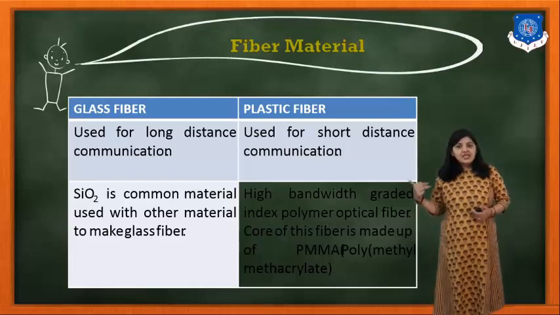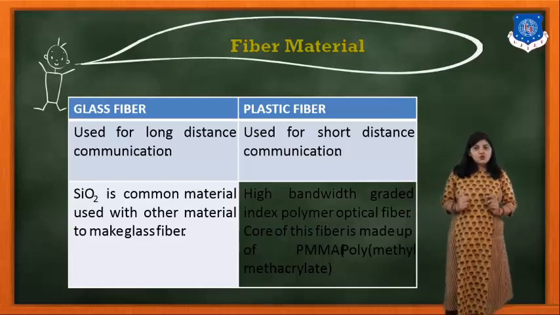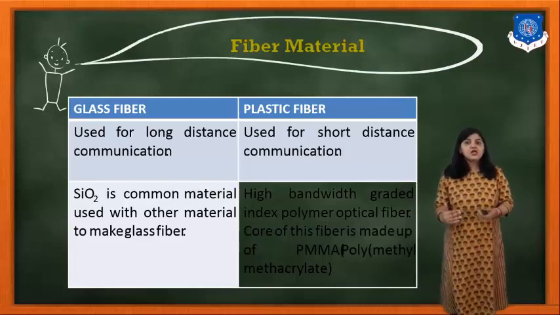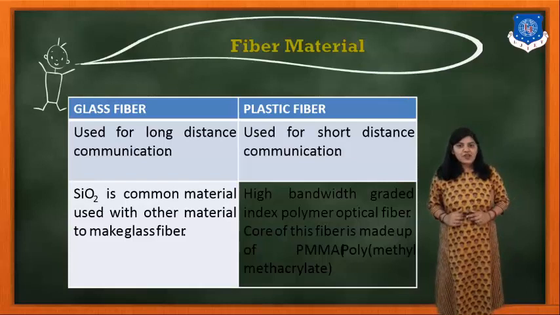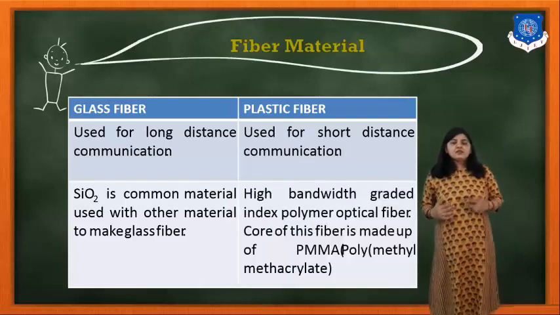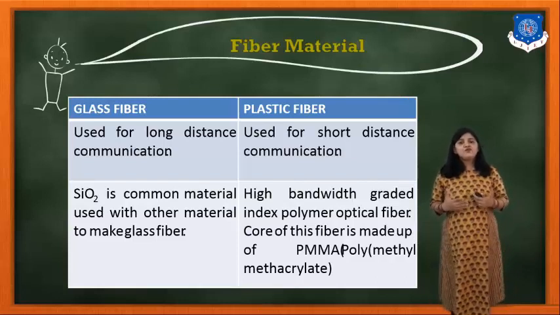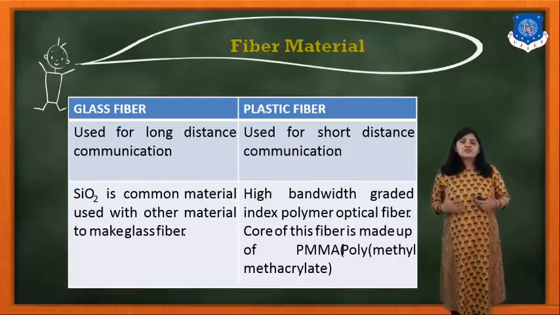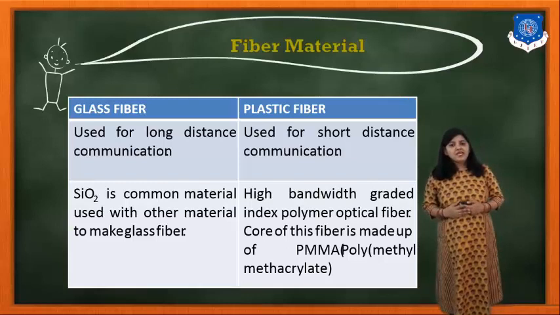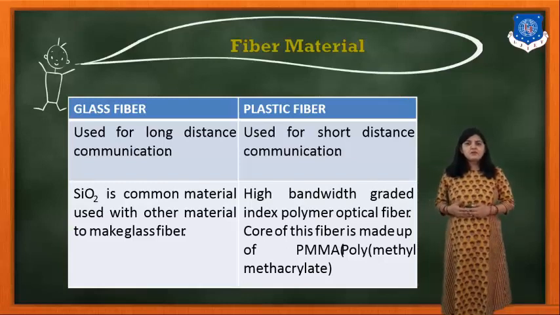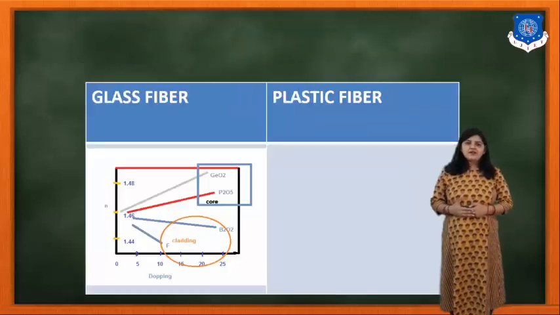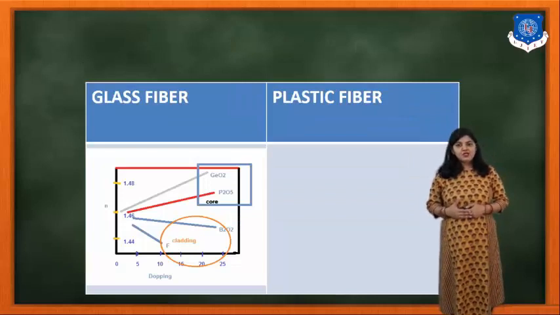So SiO2 is the common material that is used with other materials to make the glass fiber. Again, for the high bandwidth graded index polymer optical fiber, the core is made up of PMMA, polymethyl methacrylate. This material can be used.